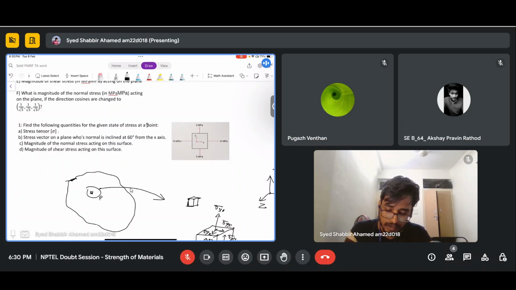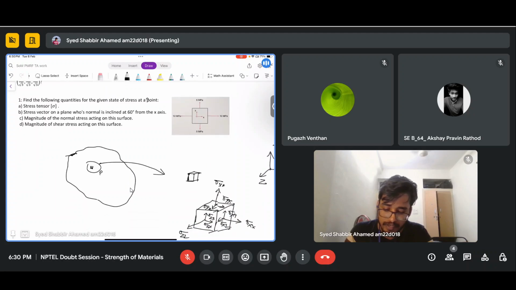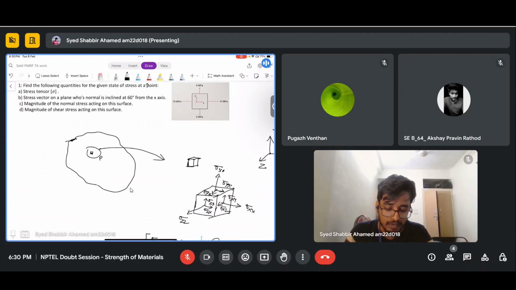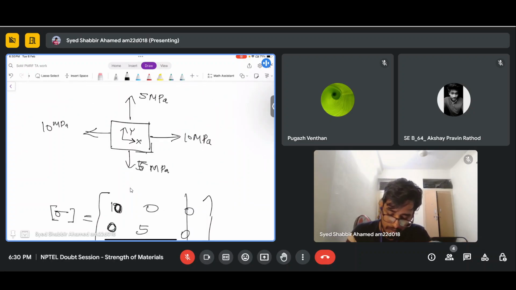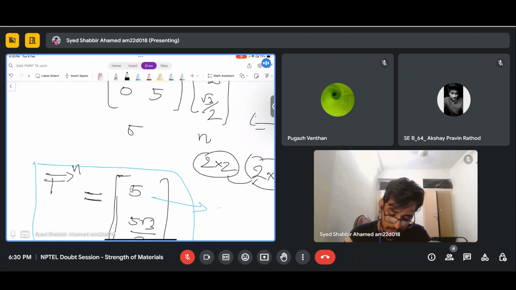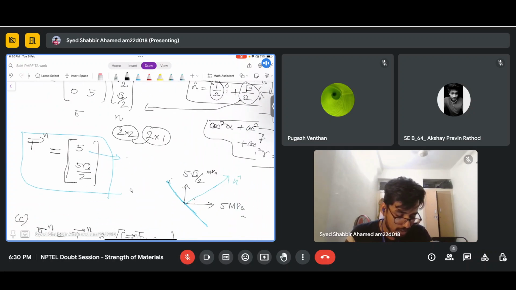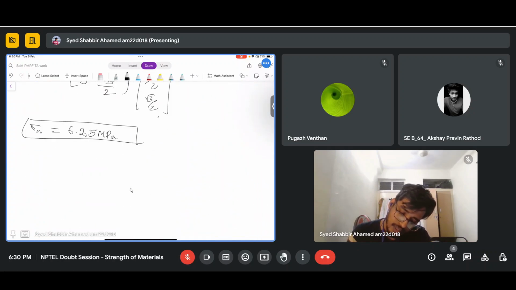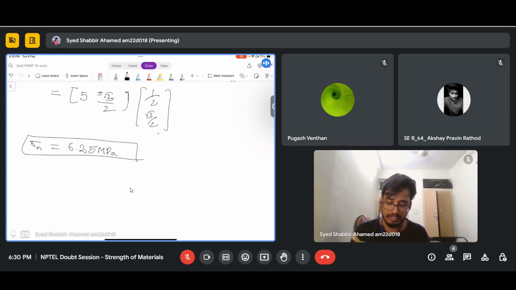The state of stress is given and you have to find out the stress tensor, and then we calculate the stress vector on a plane whose normal is inclined at 60 degrees, and then we calculate the magnitude of normal stress acting on the surface. We have calculated the magnitude of normal stress acting on the surface. Now we have to calculate the shear stress acting on the surface.